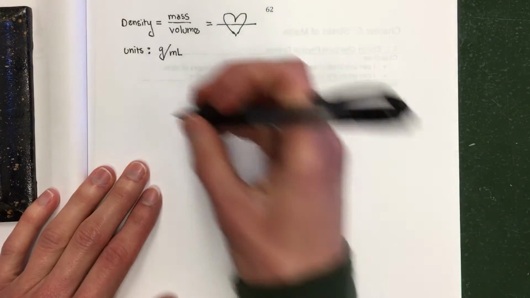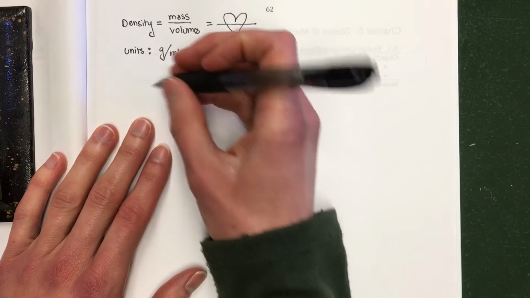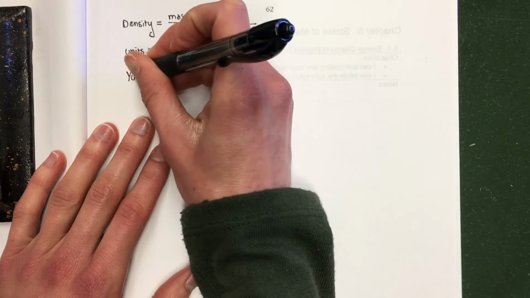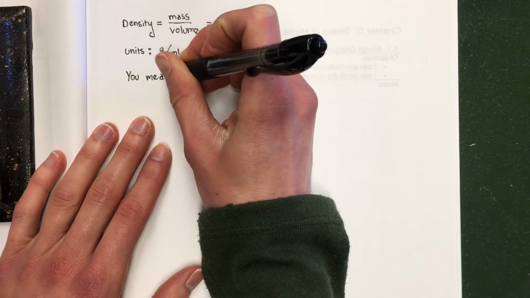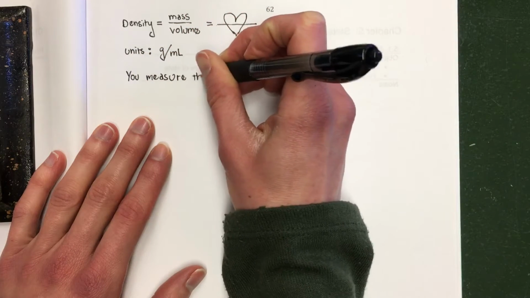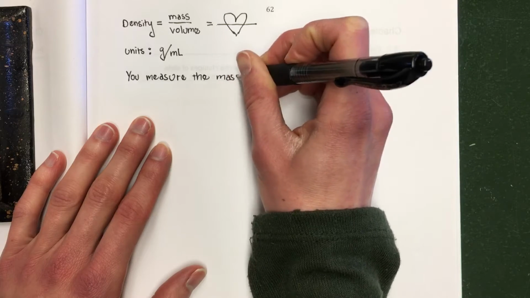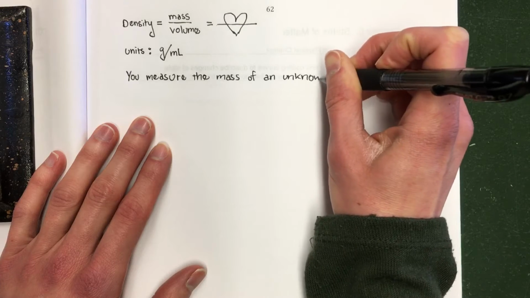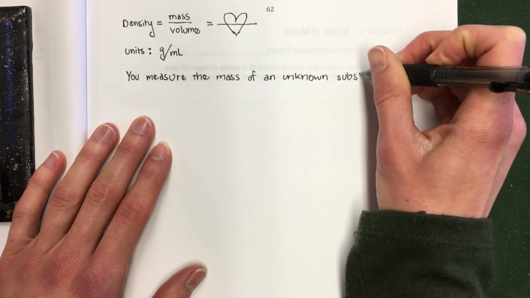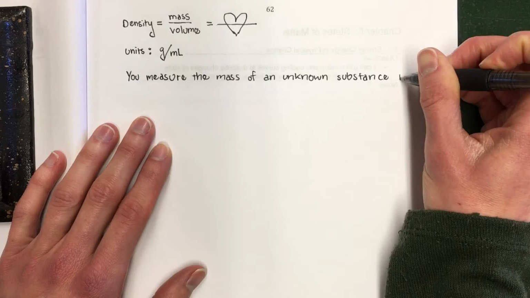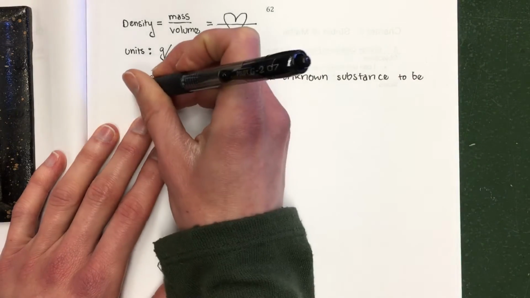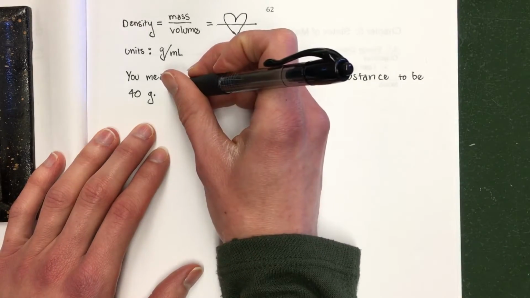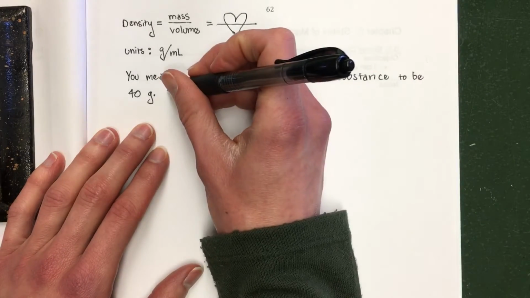So we're going to write out an example problem, and it may take just a second to write it out, but that's okay. Let's say you measure the mass of an unknown substance to be 40 grams. So we've got the mass, now we need the volume.